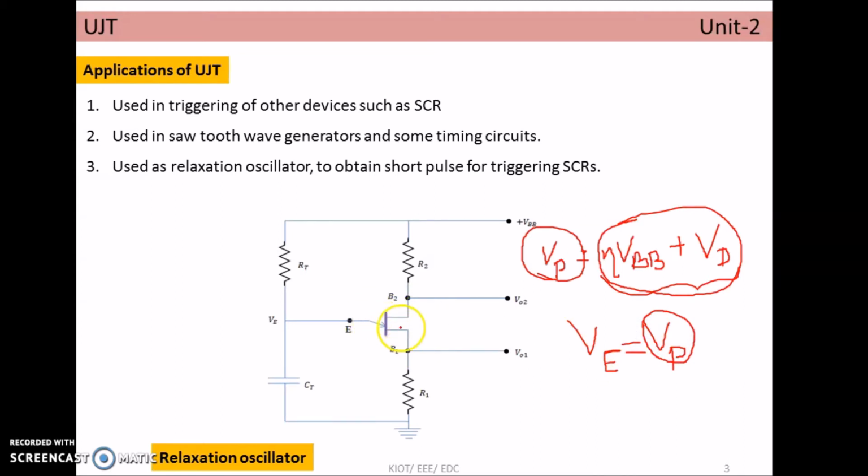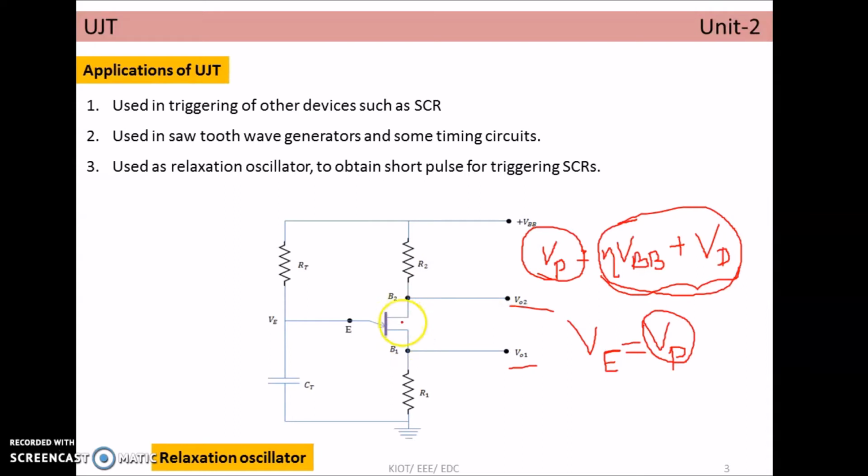Once the UJT is turned on, it simply acts as a closed switch. And you observe here, the output taken at the base terminal B2 is V02 and the output taken at the base terminal B1 is V01. So once the UJT is turned on, it acts as a closed switch, and previously, with the help of this biasing voltage, we are able to get the output across V02.